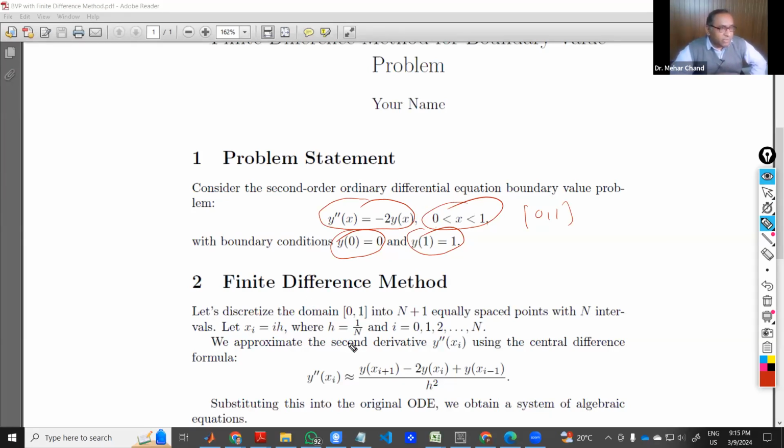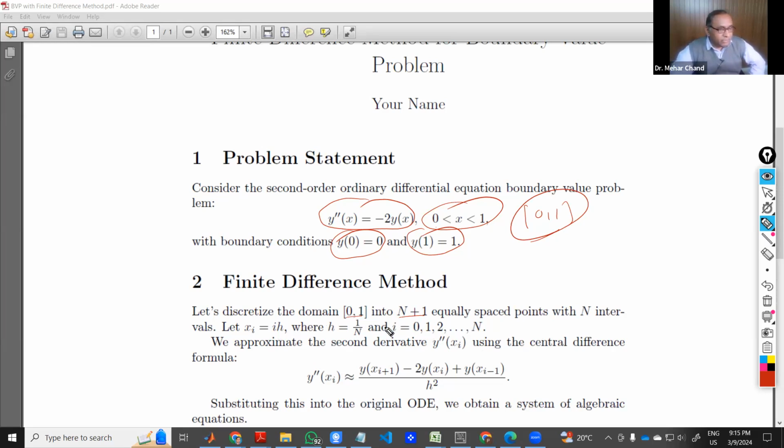First, to implement the finite difference method, we need to discretize the domain. So here we will divide this domain into n plus 1 equally spaced points with n intervals.